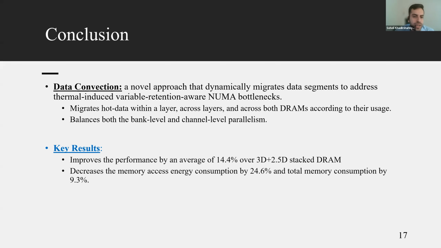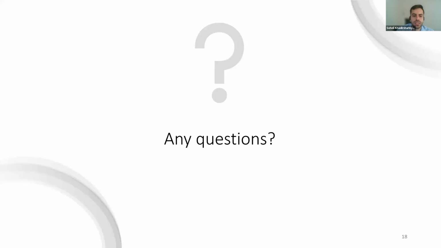The key results are that we are improving the performance by an average of 14.4% over an optimized baseline, and we are decreasing the memory access energy consumption by 24.6% and total memory energy consumption by 9.3%. Thank you very much, and if you have any questions, I'm happy to answer.